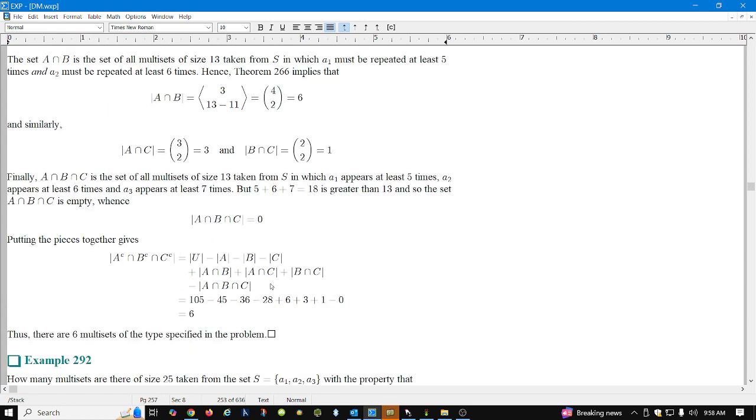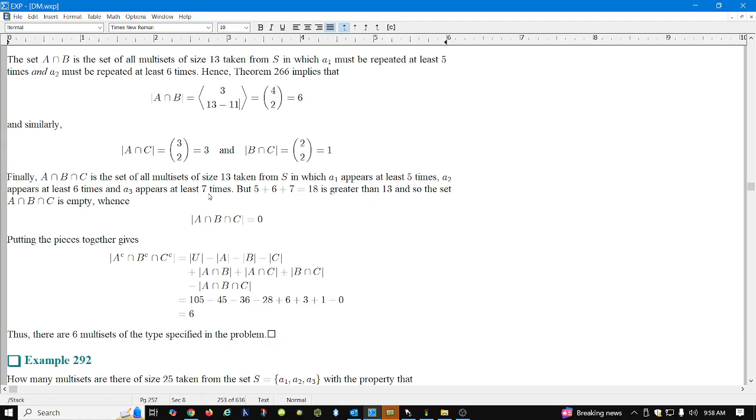Finally, we need the intersection of all three. Number of multisets of size 13 taken from S in which A1 appears at least 5 times, A2 at least 6 times, A3 at least 7 times. Well, 5 plus 6 plus 7 is 18, which is more than 13.